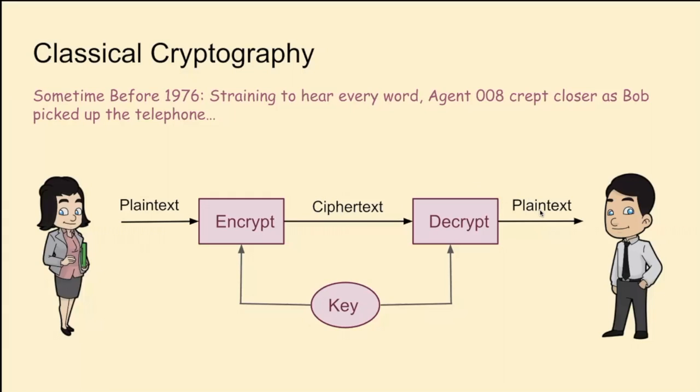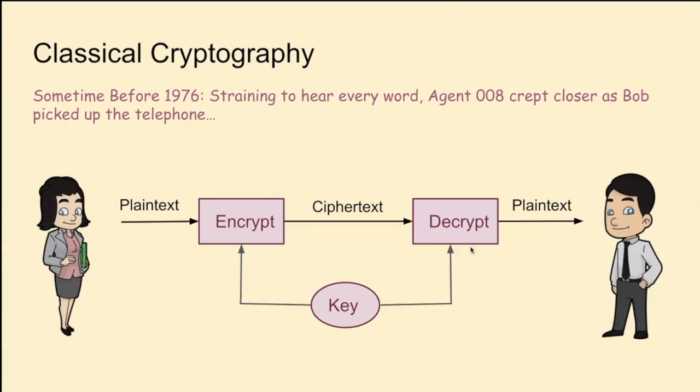When Bob receives the ciphertext, which is sent to him over radio or telephone or a carrier pigeon or whatever mechanism they wish, Bob puts the ciphertext into a decryption function, which is kind of a complement to the encryption. Again, that could be a machine, it could be some process Bob carries out by hand.